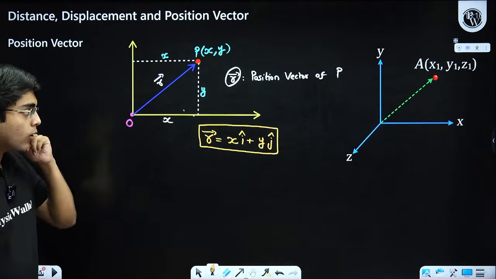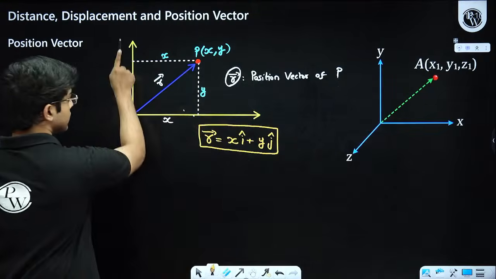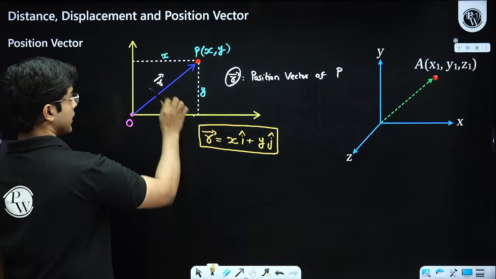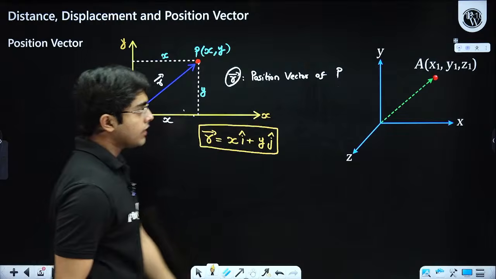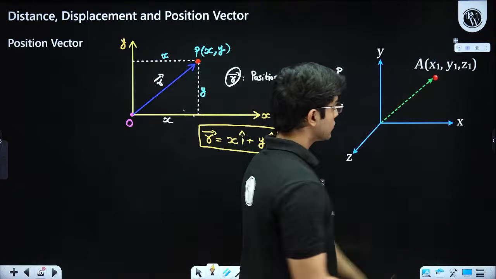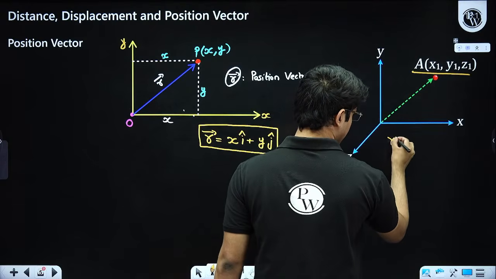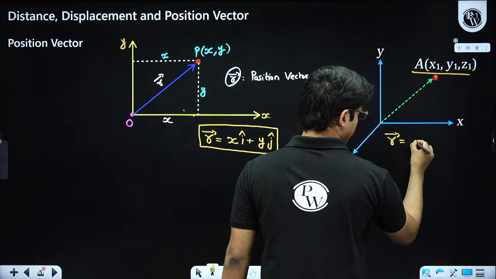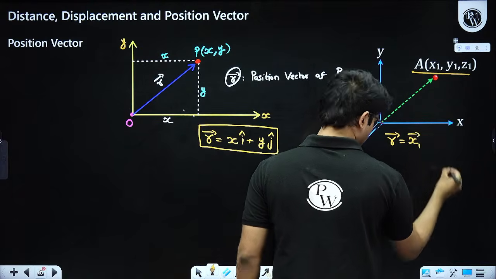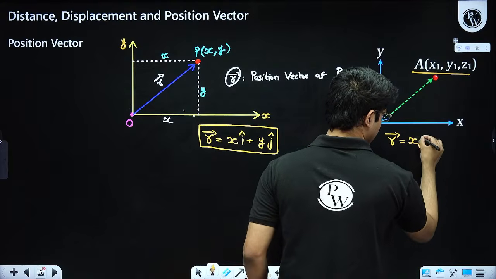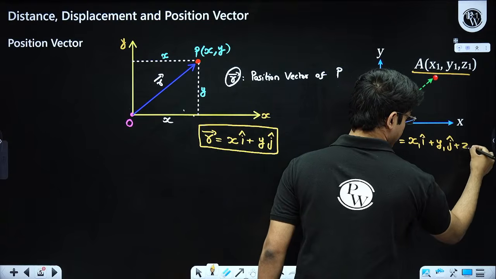So if I know the coordinates of the particle, I can write the position vector in this manner. Now in case there is also the z coordinate in the question, here we took a two-dimensional example where a point is in the xy plane, but in case it has a z coordinate also, then the only difference is there will be a z in the position vector also. So like x1, y1, z1, the position vector will be x1 i cap plus y1 j cap plus z1 k cap.